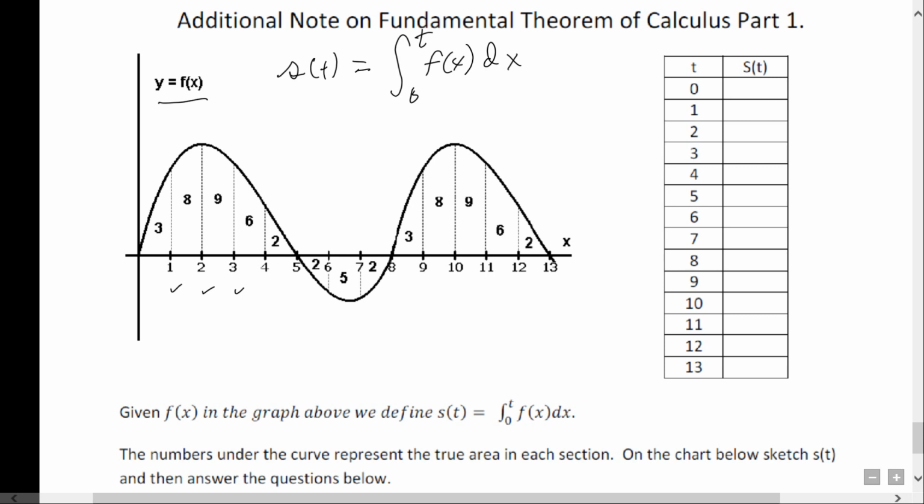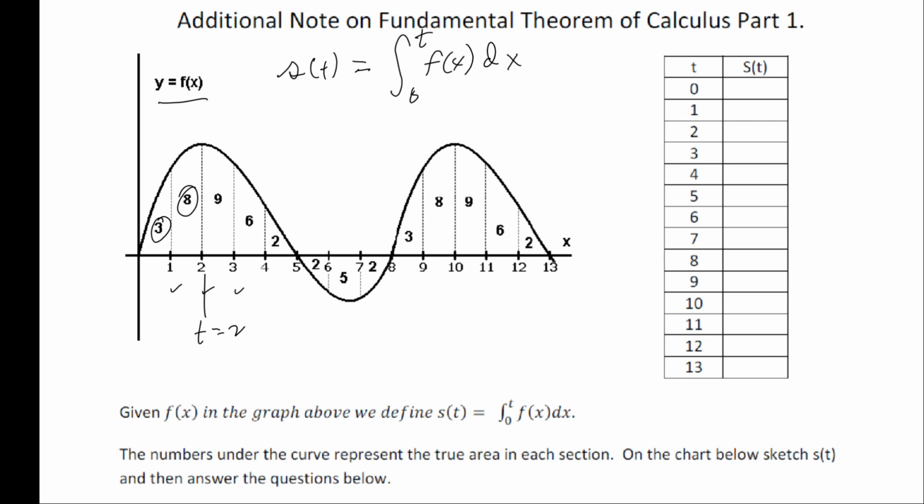That means that if we pick a given t, like t equal 2, we want to know how much area is there at t equal 2. Well, looking at the function, you can see that that answer is 3 plus 8 is the total amount of area you have from 0 to t equal 2.